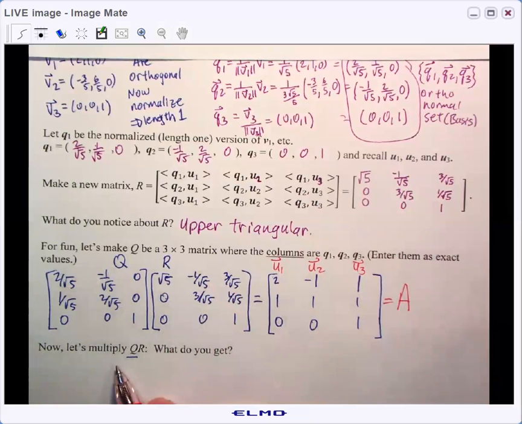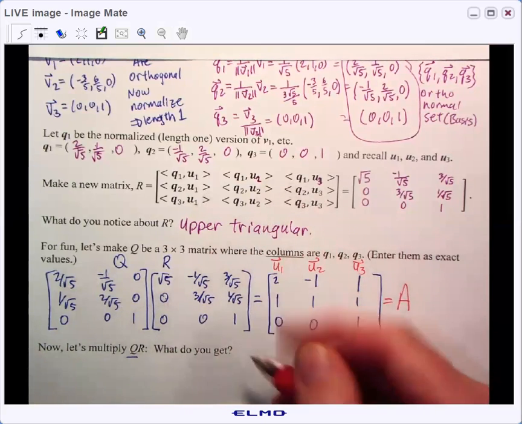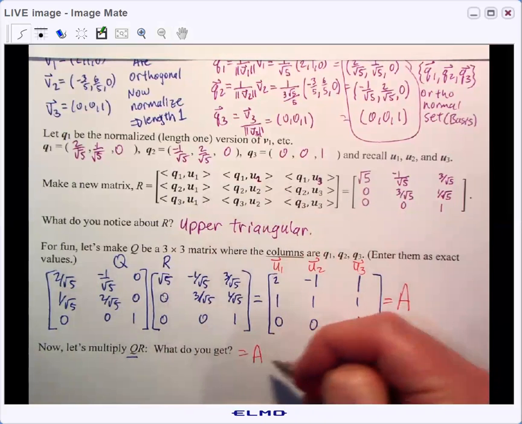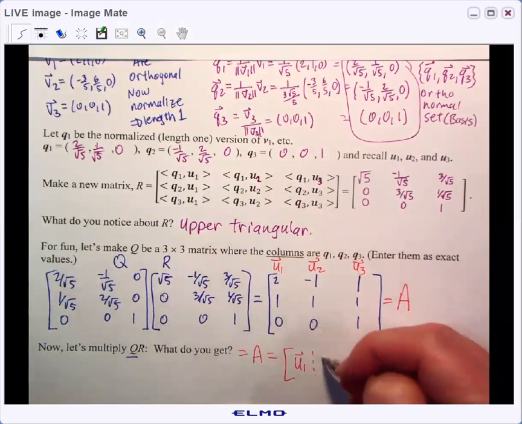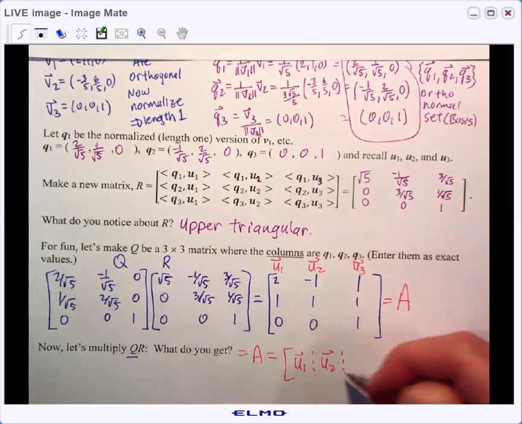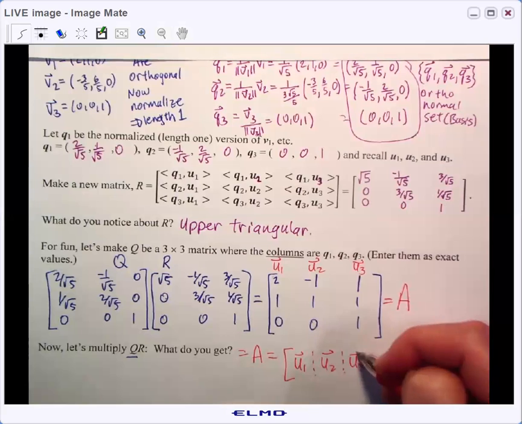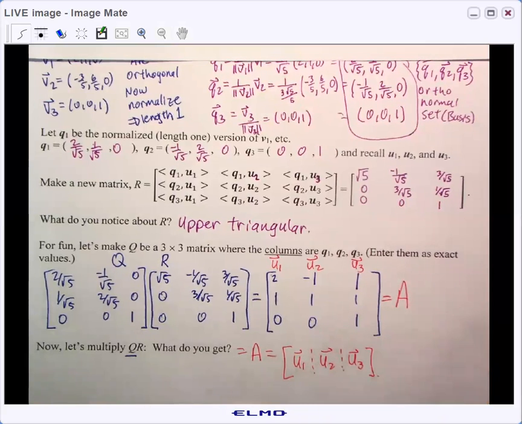And so when we do Q times R, where we've defined R always this way, we will get our original A matrix, which is our vectors in as columns. In this case, we had 3 vectors, so I'll write them down. Cool.